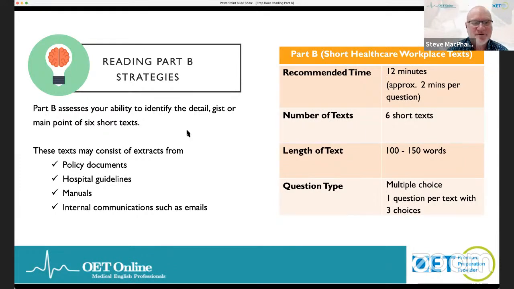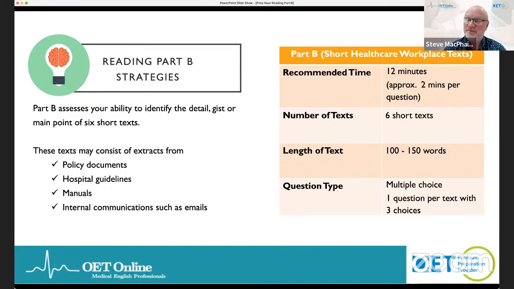And the types of documents that you're going to get: policy documents, hospital guidelines, manuals that give instructions on how to do things. The policy documents, probably rules and regulations, same with hospital guidelines, best practice.